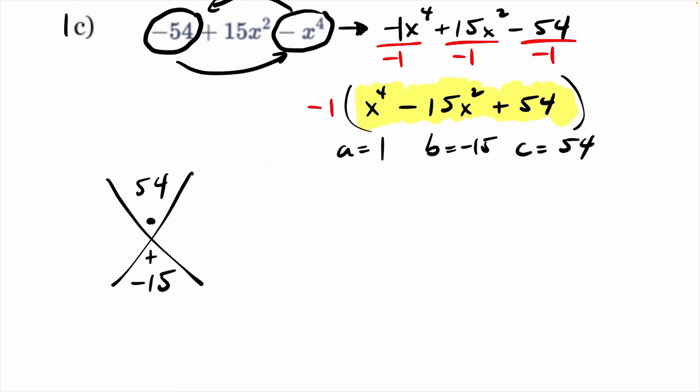So what are the two numbers that multiply to be 54 and add up to be negative 15? Negative 9, negative 6. Coming up with these two numbers is the biggest mistake I see students make. Or the biggest, Mr. Flores, can you help me during the test?